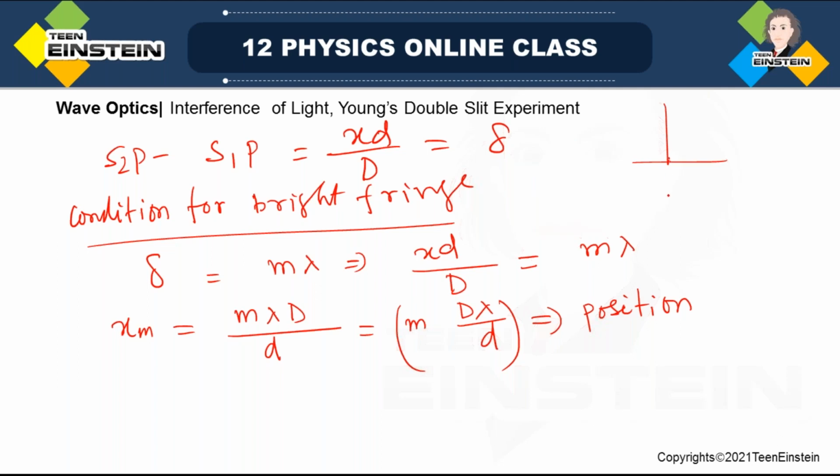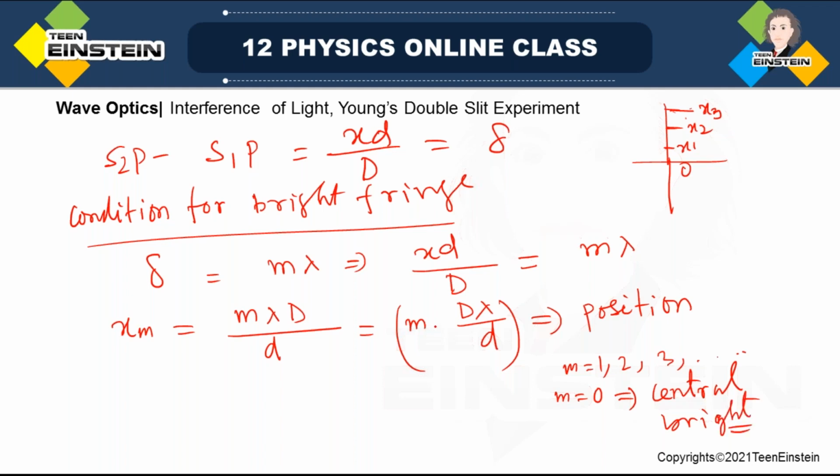which actually can be obtained as a coordinate. As I said, if you just think that this is O and this is the x-axis upward, so x1, x2, x3, and all those places, different orders of interference pattern will be created. And for bright, if you put m equal to 1, 2, 3, etc. and even m equal to 0, m equal to 0 corresponds to the central bright fringe.